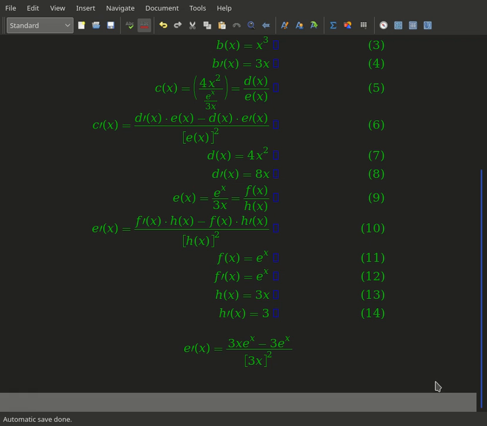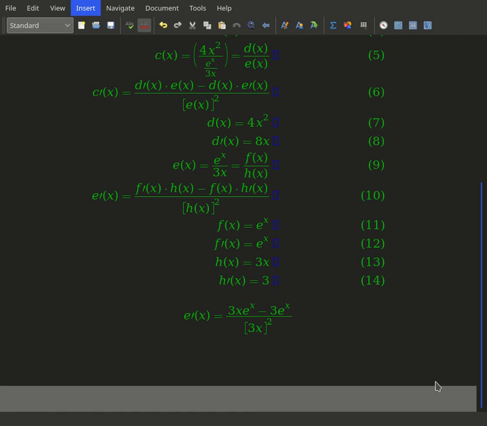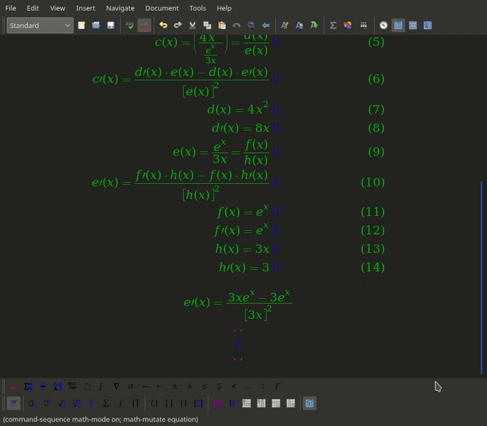Now, c prime of x is our next big one that we have to take care of. Insert another display formula. So c prime of x is a nice big fraction of d prime of x, that guy is just 8x, times e to the x, which is that chunk right there, you get x over 3x. There we go.